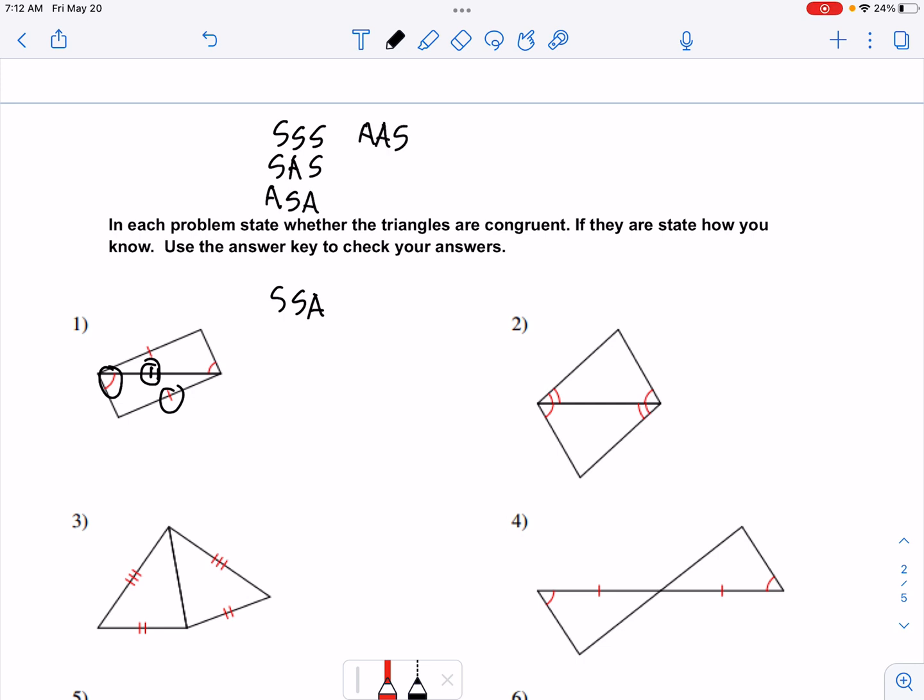If it's not one of those, then it's not congruent. So this is side, side, angle, which is not up there. So this is not congruent. Side, side, angle is not one of our congruences.